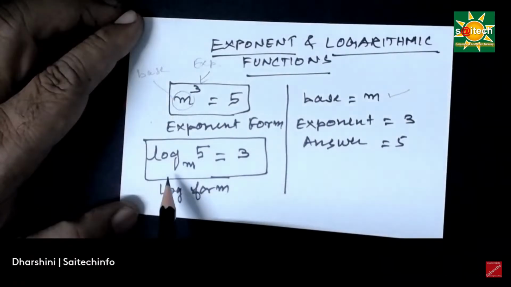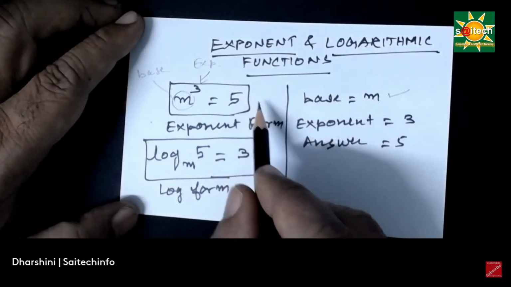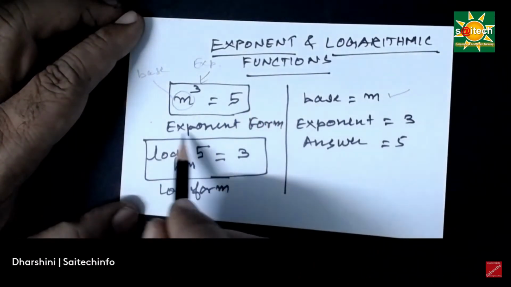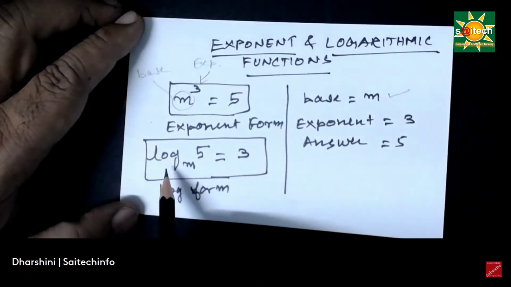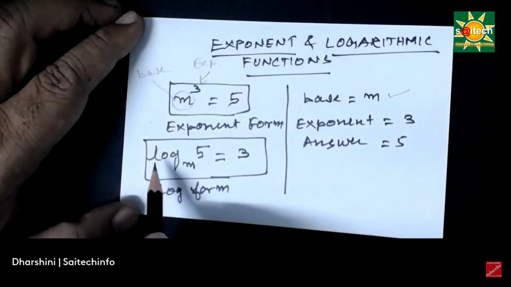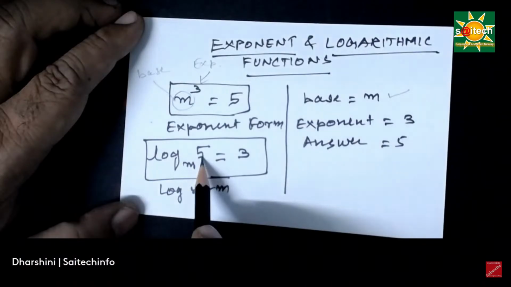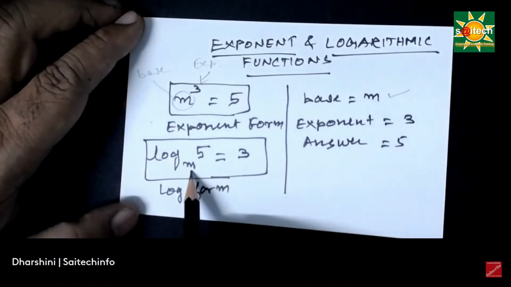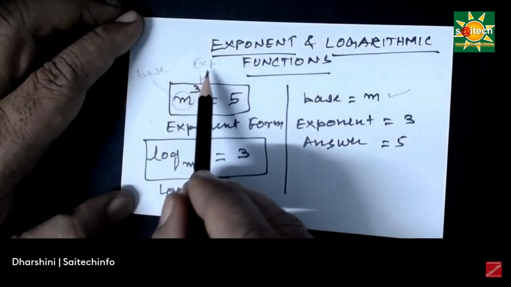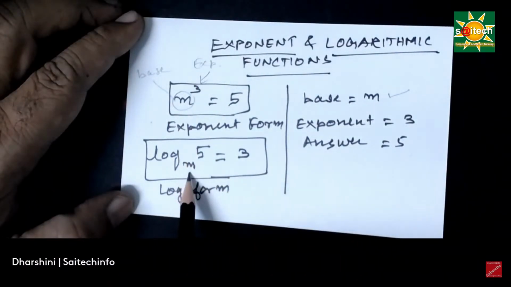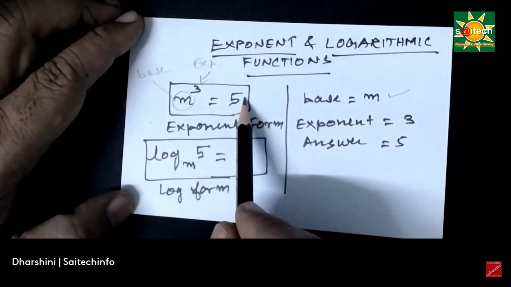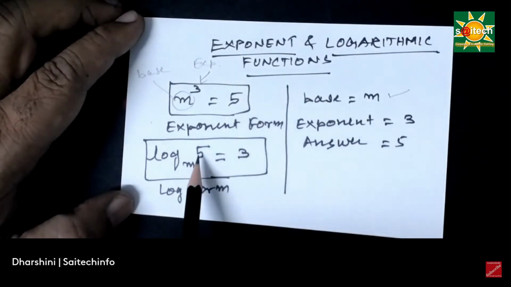This exponent form can be converted into log 5 to the base m. That is, the base in the exponent form is retained as the base in the logarithm, and the answer is taken in this place.